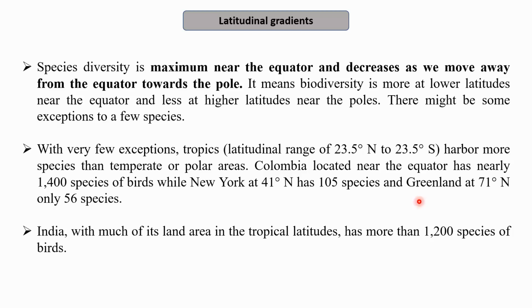As there is a change in the latitude, we find that there is a change in the species diversity, and the closer it is to the equator, except for a few species, the more is the species diversity. India, with much of its land area in the tropical latitudes, has more than 1,200 species of birds.